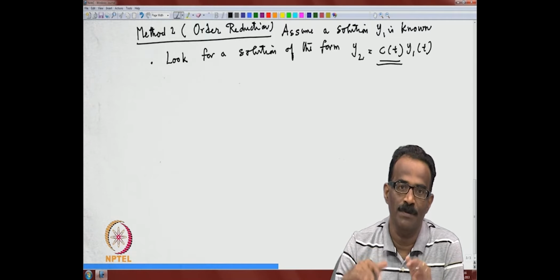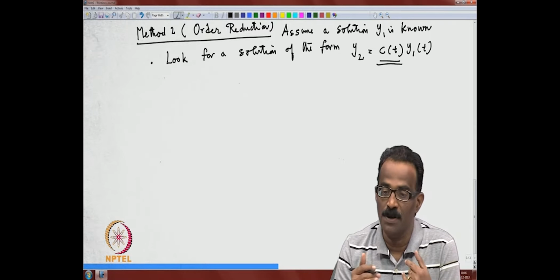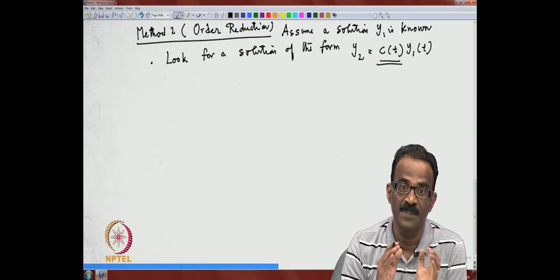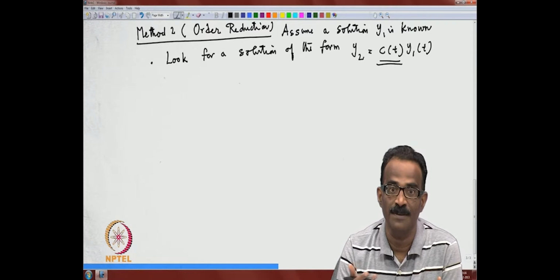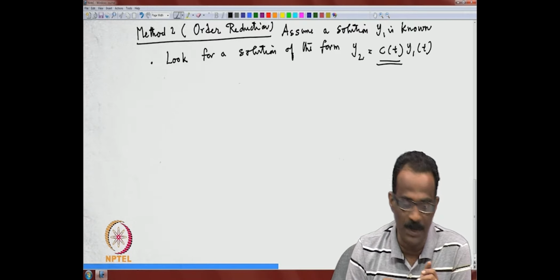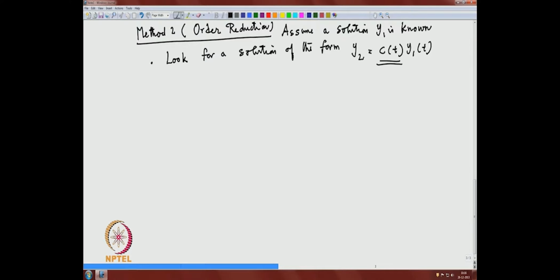Any constant multiple will always be a solution, but you want a solution y2 which is independent of the solution y1. Now, do the computation. You have to do a bit of computation, I will not do it here. The exercise is just to do the computation.